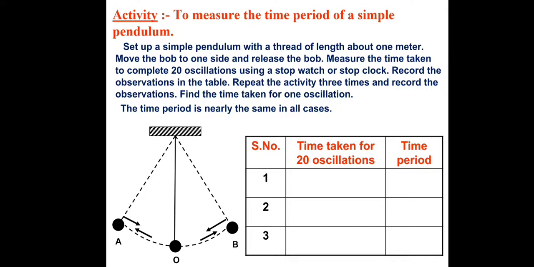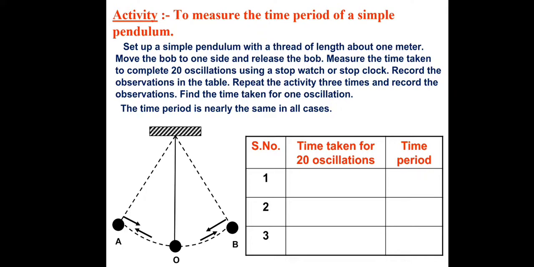Measure the time taken to complete 20 oscillations. You can take more than 20, but 20 is enough because one oscillation takes very little time, so you won't be able to calculate the time perfectly. That is why we take the total time taken for 20 oscillations.